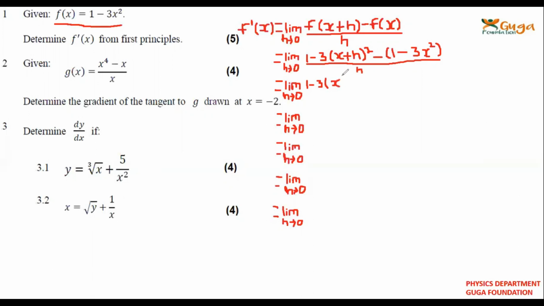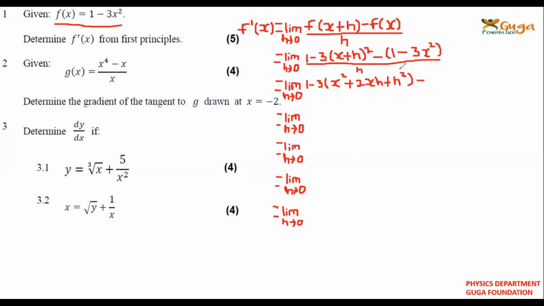Here you will have x squared plus, we'll have x multiplied by h multiplied by x multiplied by x, so it will be 2xh, plus h multiplied by h is h squared, bracket, minus.